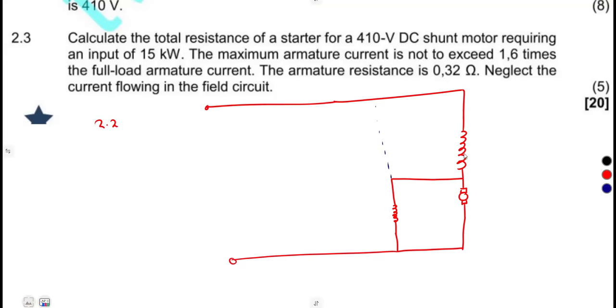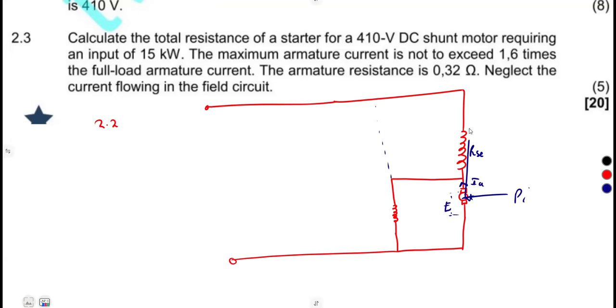So we have got the series field. So we're gonna need the resistance of the series field. And here from this, we're gonna have the generated EMF and the armature current going this way. Remember, it's a generator. It supplies the current.